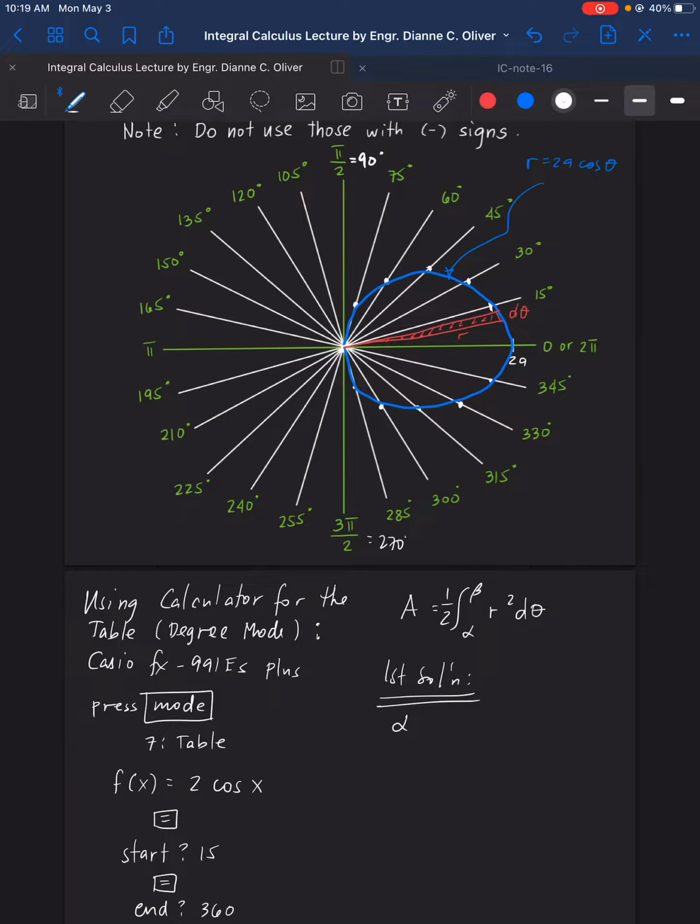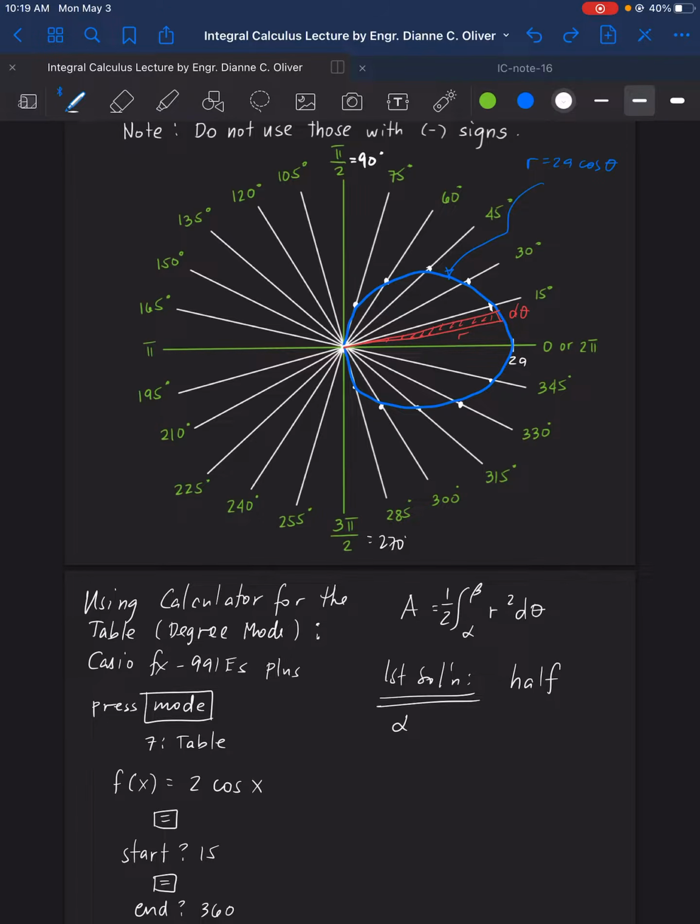So what we're going to use here is, I'm going to consider the upper half, the one in the first quadrant here. So I'm focusing on the upper half.